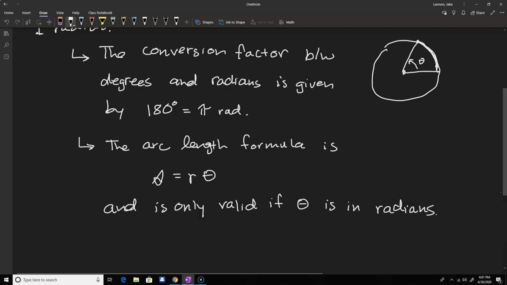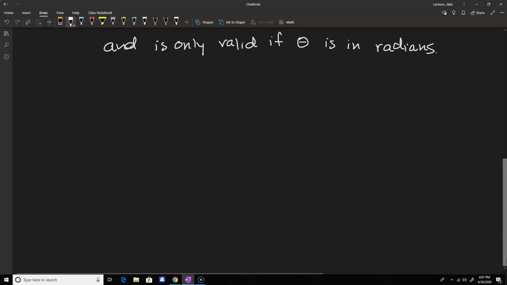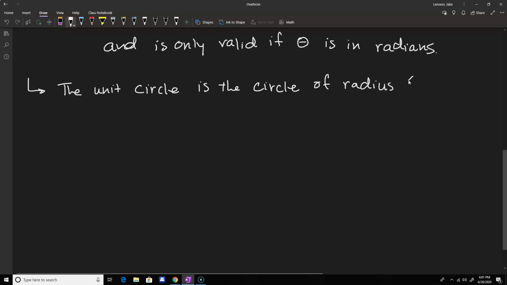Okay, so let's talk about the unit circle. So the unit circle is basically what we use to extend the definition of the trig functions here. So the unit circle is the circle of radius 1 centered at the origin.